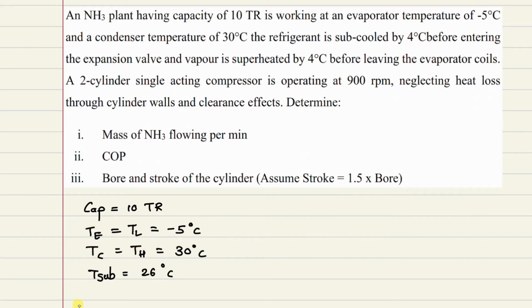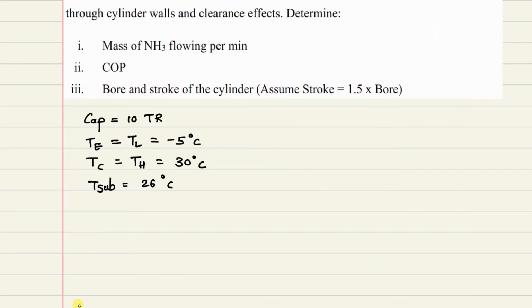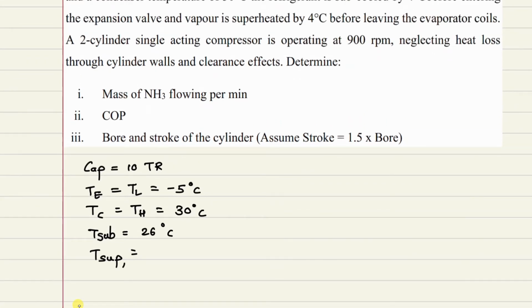So minus 5 plus 4, T superheat for point 1 will be minus 1 degree Celsius. Whereas the subcooling will be for point number 3. Condenser outlet is point number 3 and point number 1 is compressor inlet.